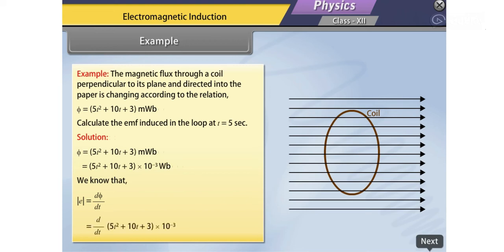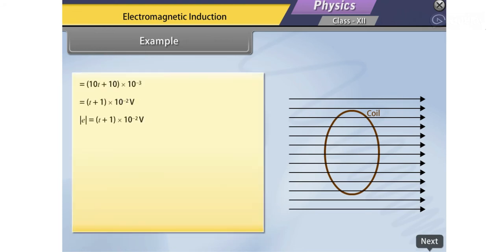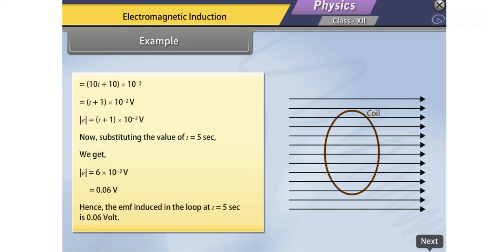By putting the values in this equation we get E is equal to t plus 1 multiplied by 10 raised to the power minus 2 volt. Now, substituting the value of t as 5 seconds, we get E as 0.06 volt. Hence, the EMF induced in the loop at t equal to 5 seconds is 0.06 volt.